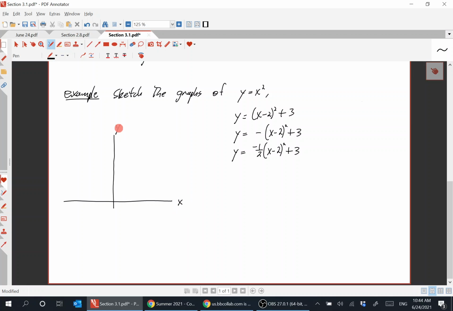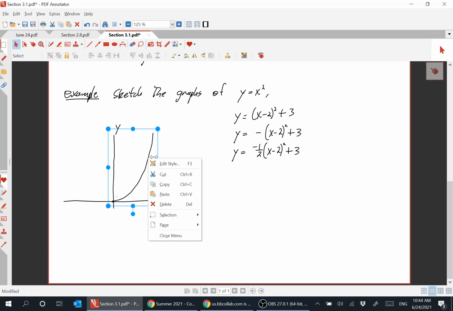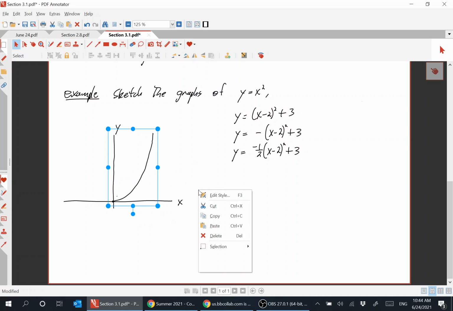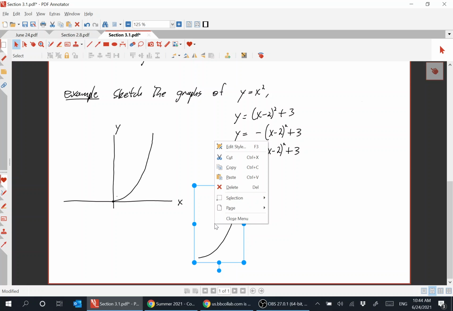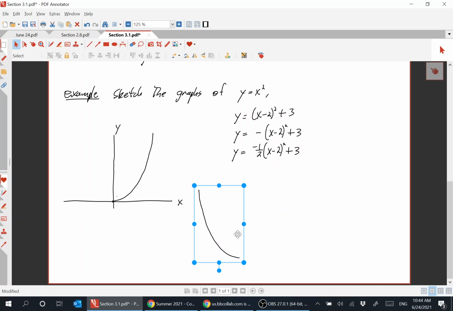So we got x-axis, y-axis. I'm going to be very careful in my drawing here. Here's the right-hand half of the parabola. Let's do the reflection and stick it here.